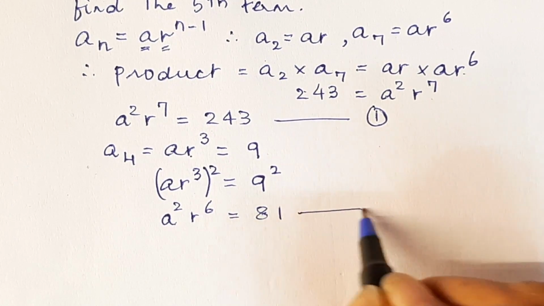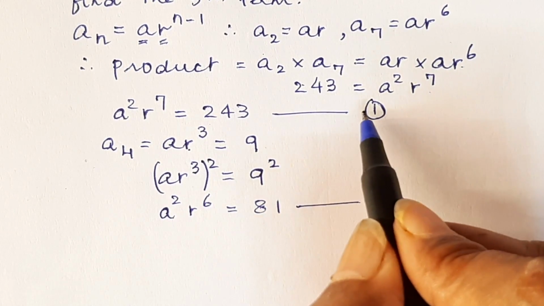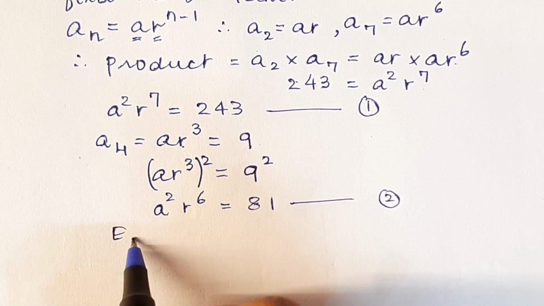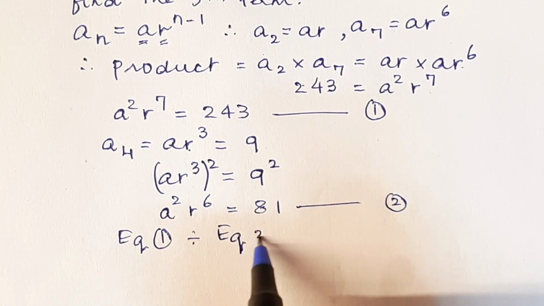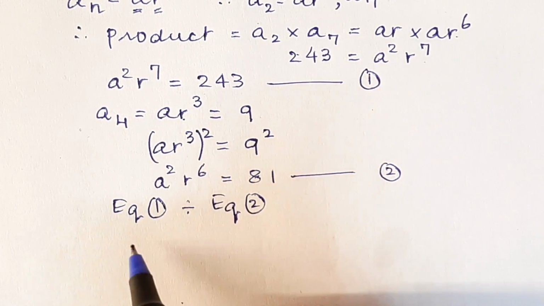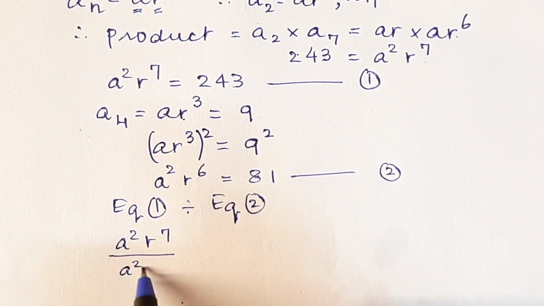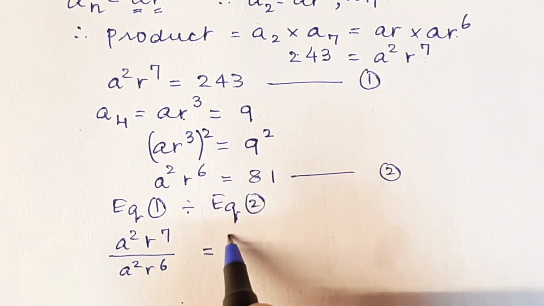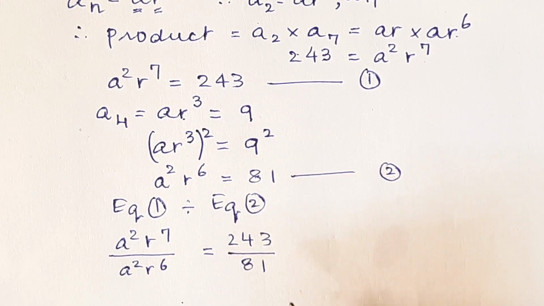Now we'll call this as equation 2, and can you see that if we divide the first equation by the second, so equation 1 divided by equation 2, let us see what does that give us. A squared R to the power 7 upon A squared R to the power 6, and that would give us 243, which is the value of this, upon this becomes 81.